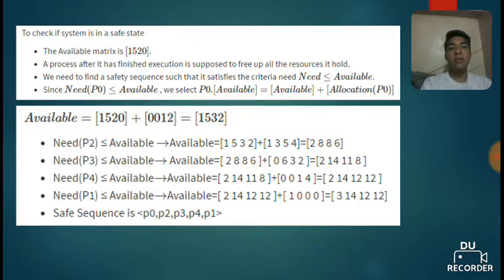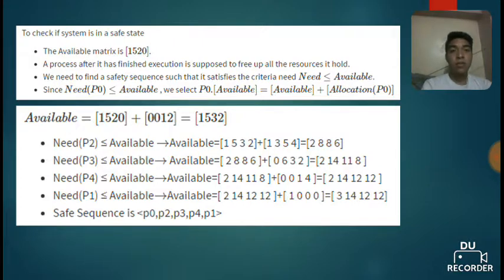Since the need of process 0 is less than or equal to available, we select process 0. Available becomes available plus the allocation of process 0, which is 1520 plus 0012. We now have the current available matrix of 1532.